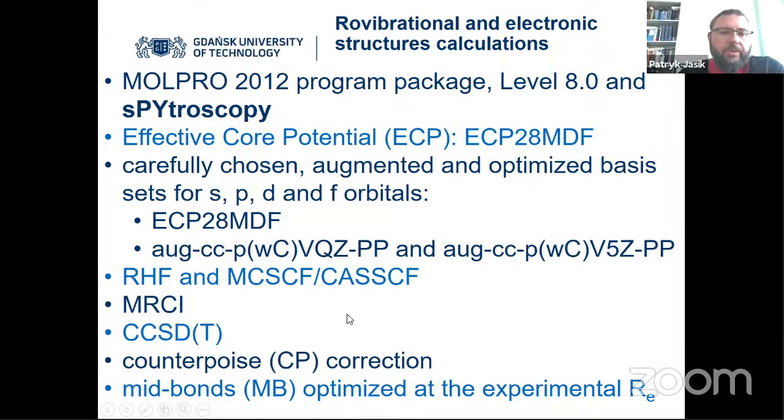We used the MRCI method, but especially the coupled cluster method with singles, doubles, and perturbative triples with counterpoise correction, and we also checked the midbond method, which was optimized at the experimental equilibrium bond length.